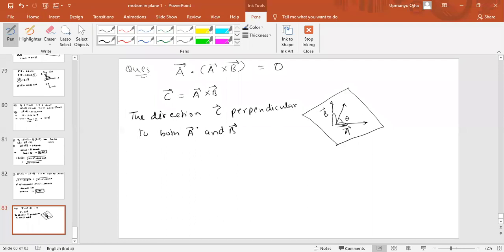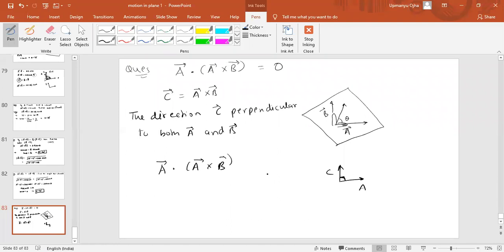Okay. Now, if you look at this relation, A vector dot A cross B. A cross B direction is C vector, which is perpendicular. So can I draw here? This is the C vector. This is your A vector. Angle between them is how much? 90 degree.